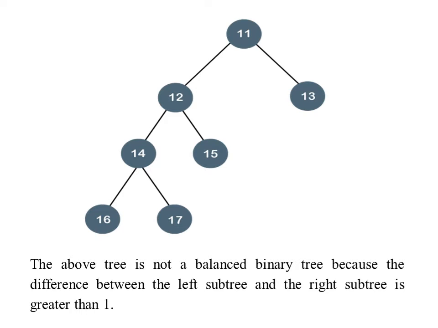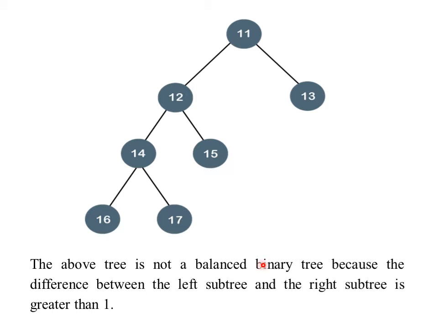Now here you can observe a root node 11. It consists of two children, that is 12 and 13, and this 12 is now a parent node for 14 and 15, that is it has two children, and this 14 parent node has another two children, that is 16 and 17.